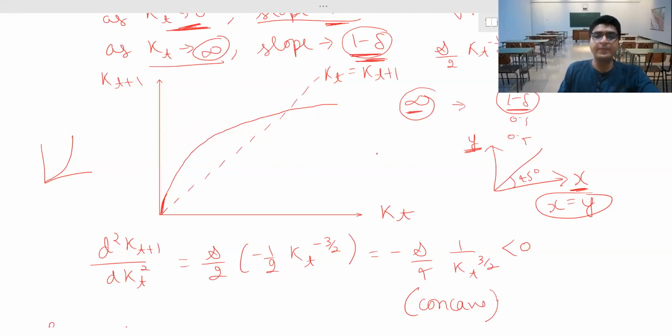Okay, so जहां जहां wherever this dotted equation intersects this capital accumulation equation, at all those points K_t will be equal to K_{t+1}, right? If this dotted line is representing K_t equal to K_{t+1}, so wherever this dotted line intersects the capital accumulation equation, at all those points we have this relationship holding.